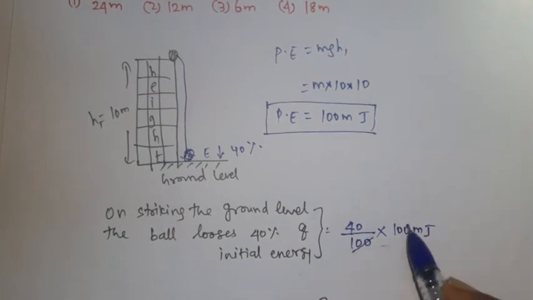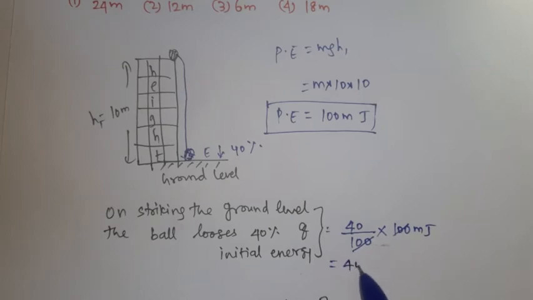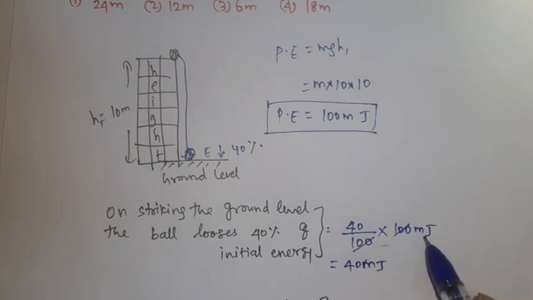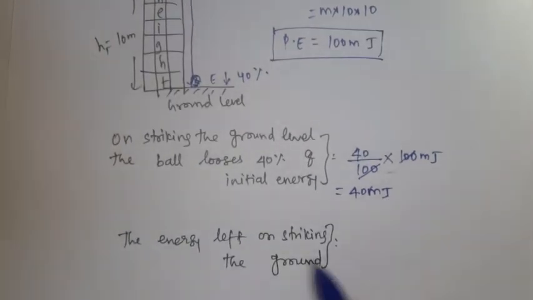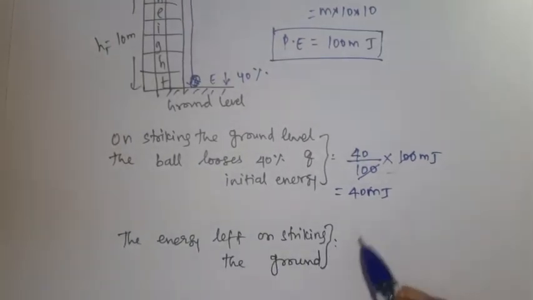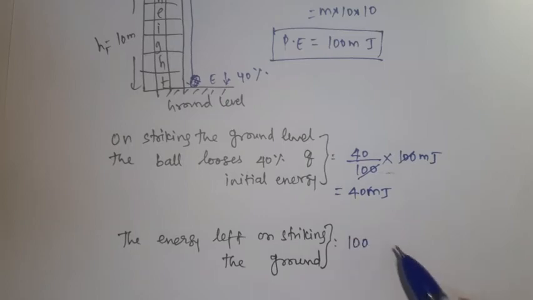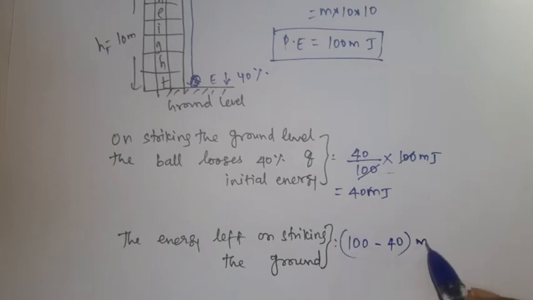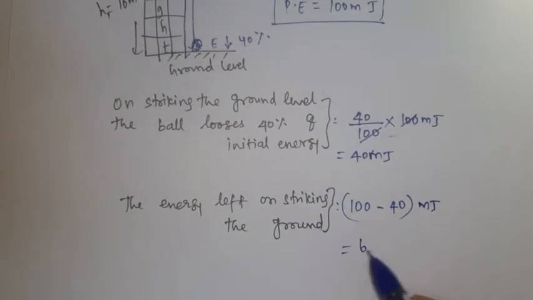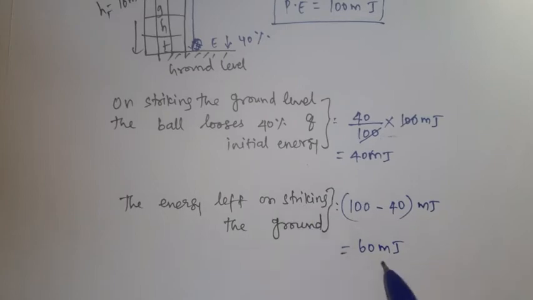Now this 100 is cancelled, and we get 40 m joule. The energy left on striking the ground: total energy is 100, the 40% loss is 40 m joule, so the remaining energy is 60 m joule.